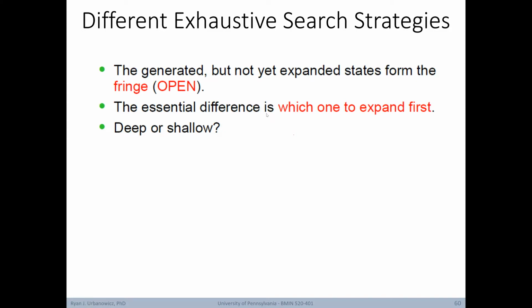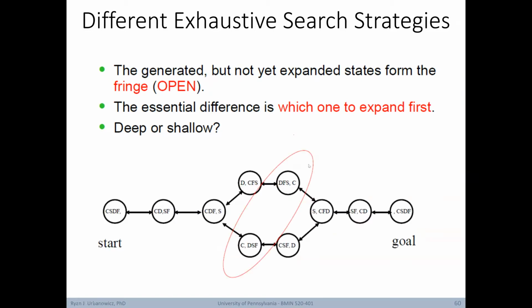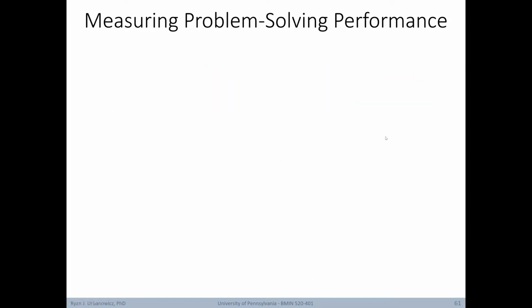In other words, maybe we prioritize deep or shallow expansion. So if this is our fringe or our set of unexpanded nodes, maybe we want to prioritize shallow or the nodes higher up in the tree, or we want to take a deep dive down one of the branches and go deep first.